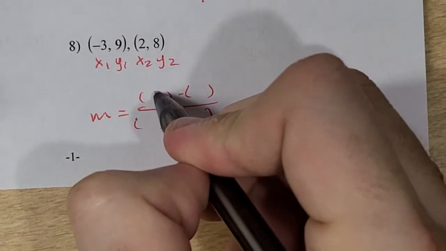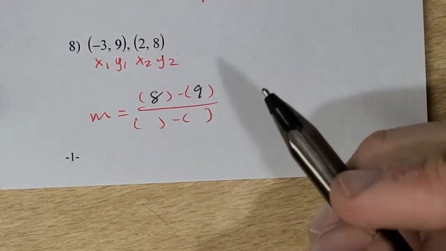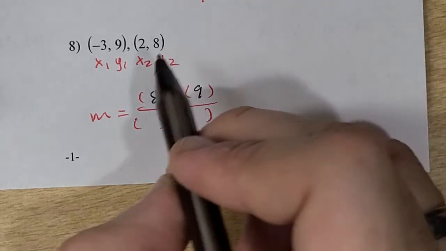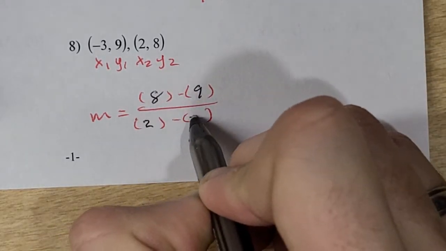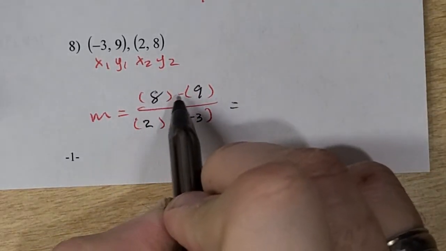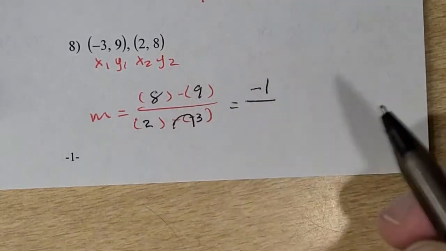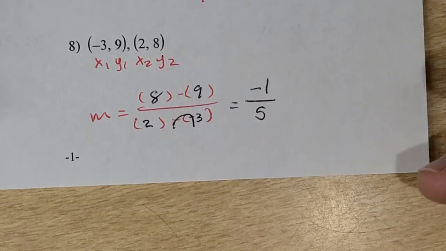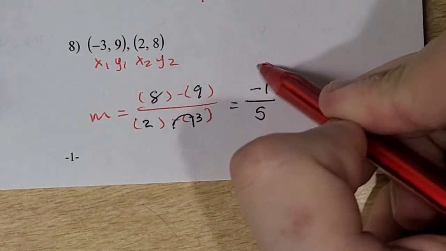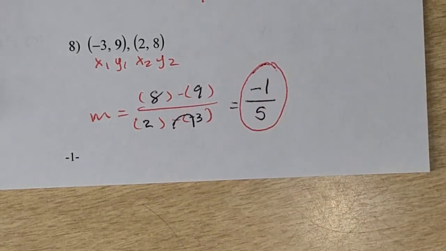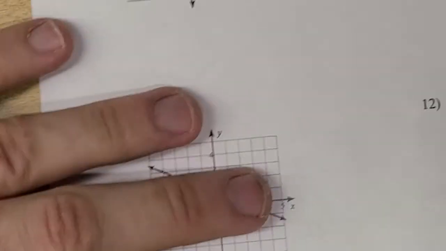So I've got y2 minus y1 over x2 minus x1. 8 minus 9 is a negative 1. 2 minus a negative 3 is 5. There's nothing else I can do to reduce that or anything, so that's my answer. Done. Flip it over on the back.